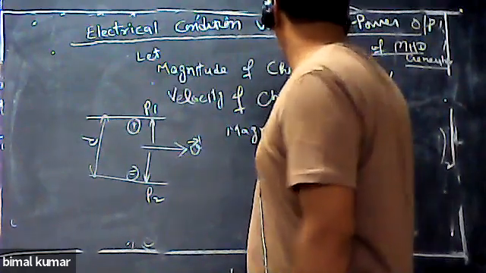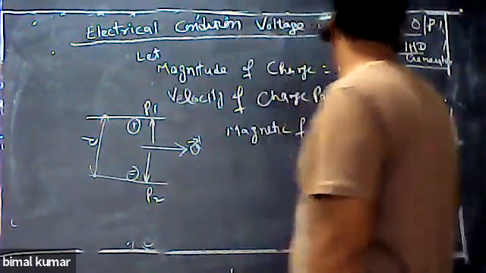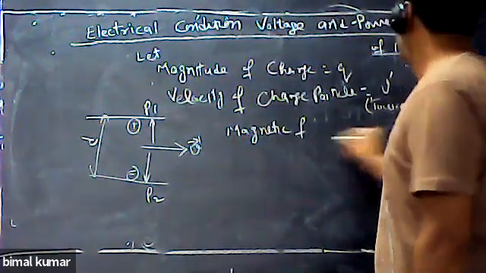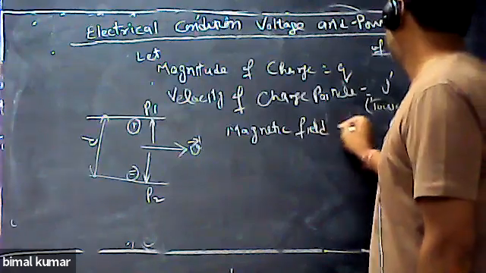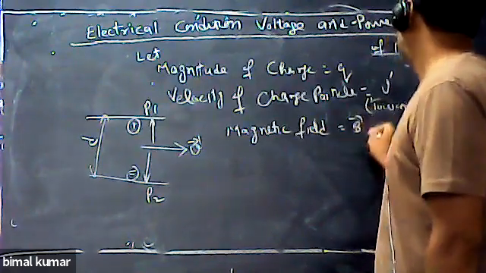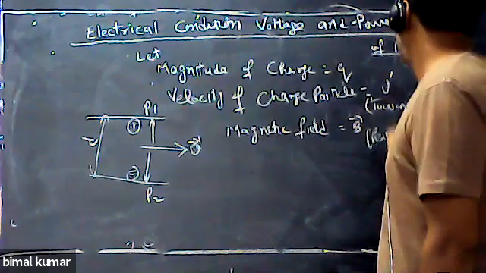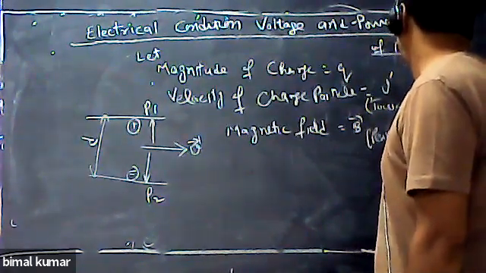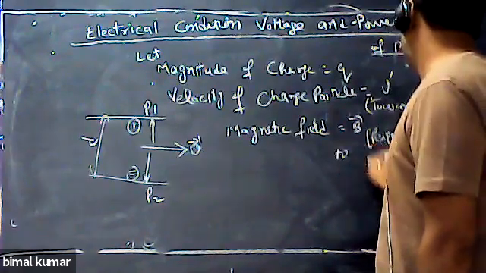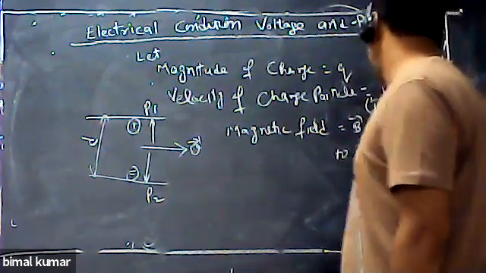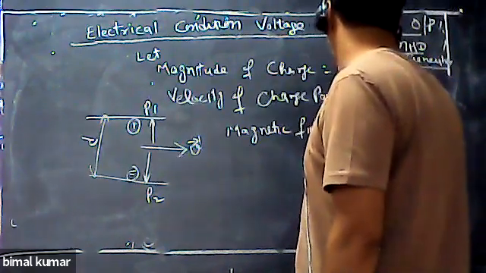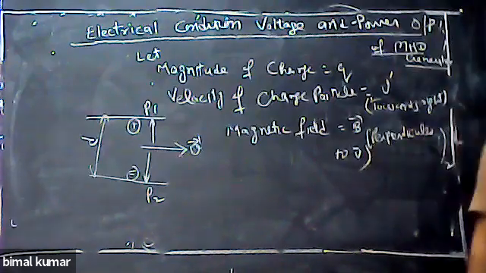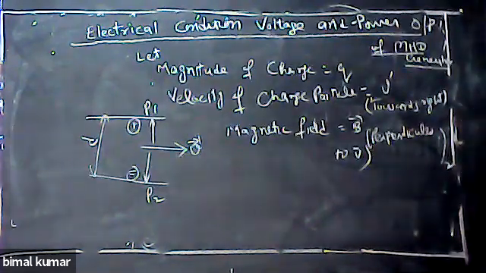V dash is towards the right, and the magnetic field is equal to B, which is perpendicular to the direction of that velocity V dash. Magnetic field B will be acting, right?